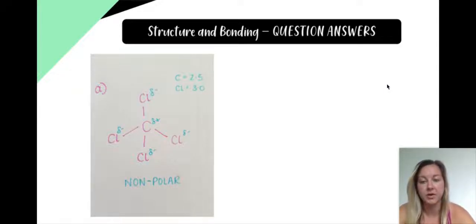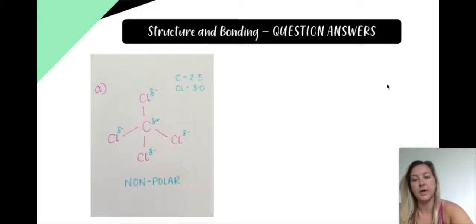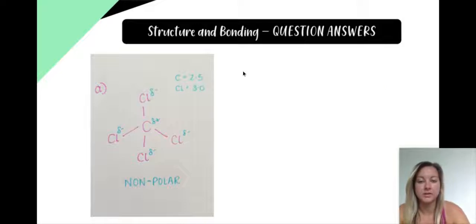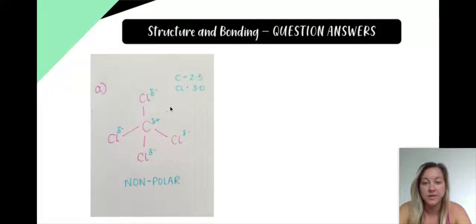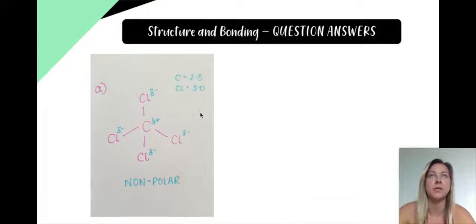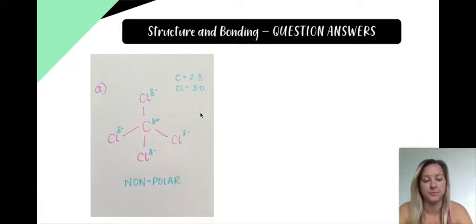If we put in our dipole, we have a slightly positive on the carbon and slightly negatives on the chlorine. This molecule is symmetrical. It does not have a clear positive and a clear negative side. In fact, the positive is surrounded by all of these negatives. So if we think SNP up, if it's symmetrical, it's non-polar.